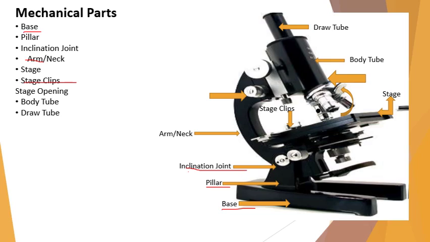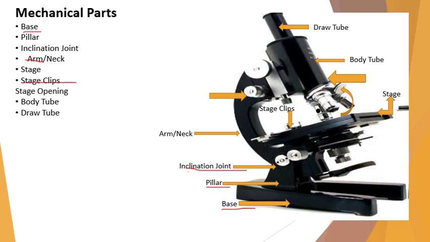The inclination joint provides to and fro movement of the microscope. It restricts left and right movement, but it allows to and fro movement. So it allows tilting of the microscope for the convenience of the user.